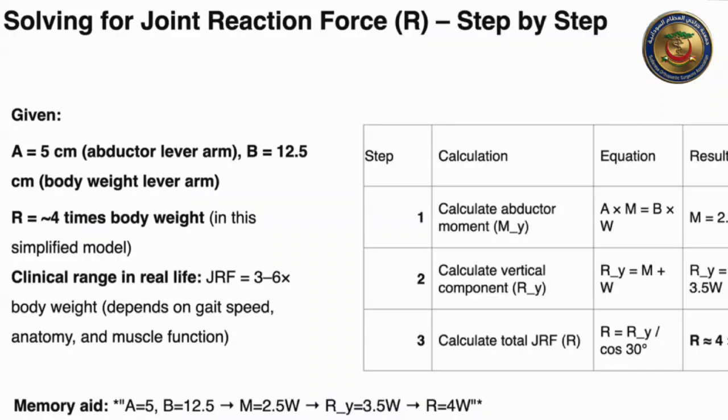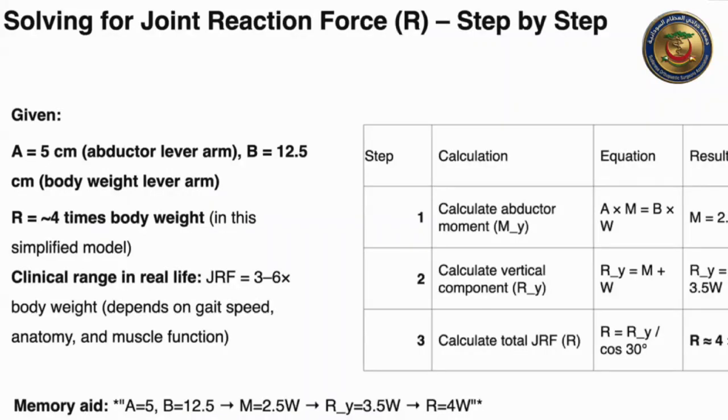We first calculate the abductor's moment, which equals the abductor force multiplied by the abductor's lever arm, M multiplied by A. That equals B, the weight's lever arm, multiplied by the weight. With A equal to 5 and B equal to 12.5 centimeters, by calculation M equals 2.5 body weight.